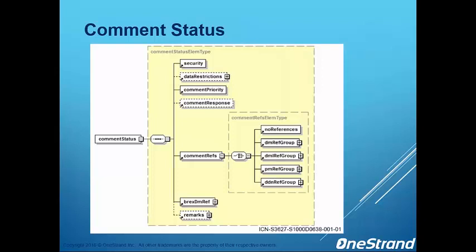We've got to have some sort of comment reference, so that's going to reference what data module it belongs to, which makes sense. And we need to reference the BREX, because it's got to comply to your business rules. You can also see that we've got comment response and remarks as optionals, and data restrictions. So again, it's back to the project as to what information needs to be included in this comment module.